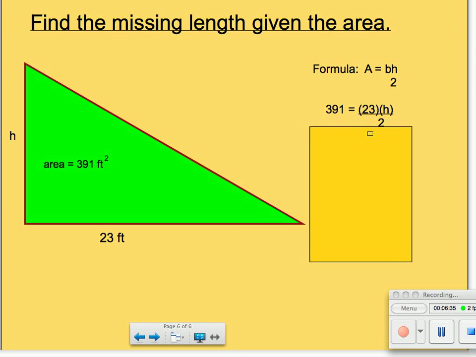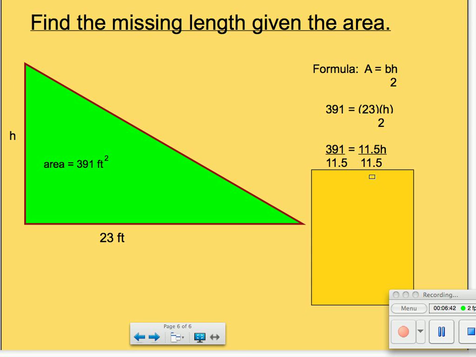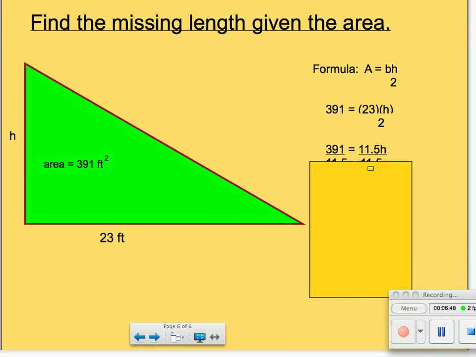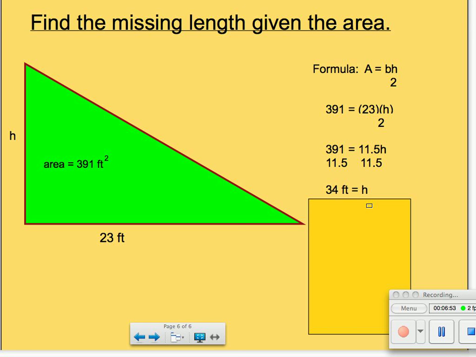Of course, the formula has us then dividing that side by 2. So that's what I'm going to do. Divide by 2 to get 11.5h equals 391. And then we need to isolate, so of course we're going to divide each side by 11.5. And there you have it. We get our height, which is 34 feet.